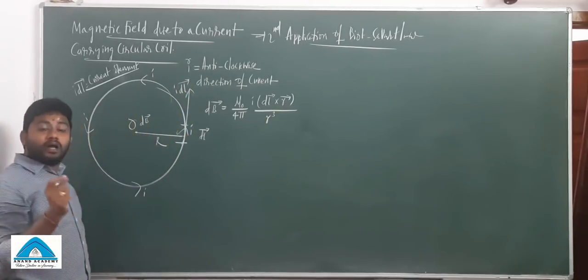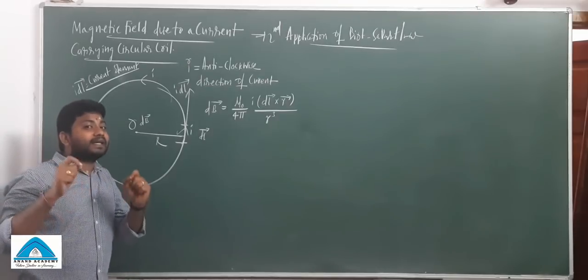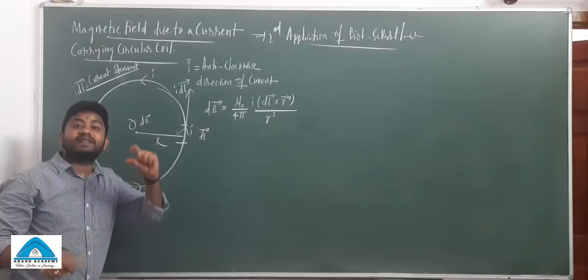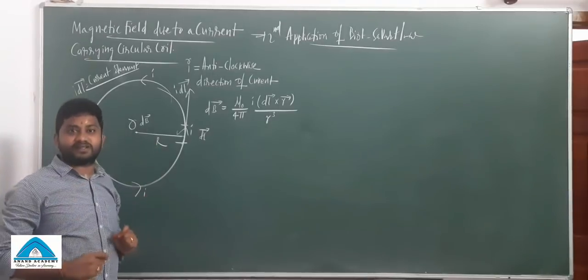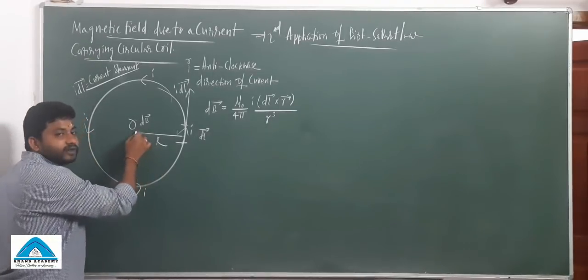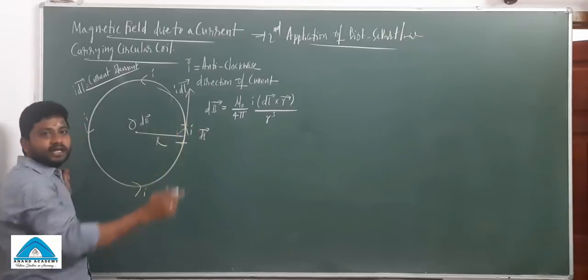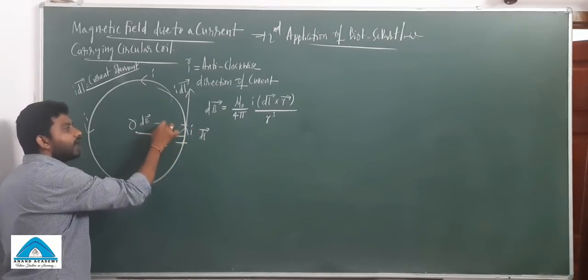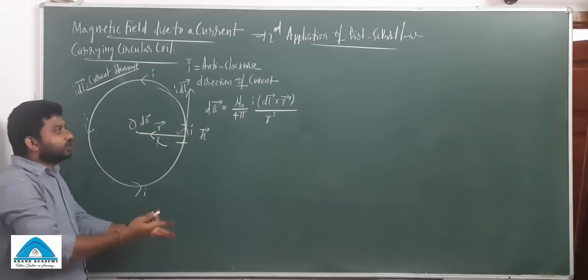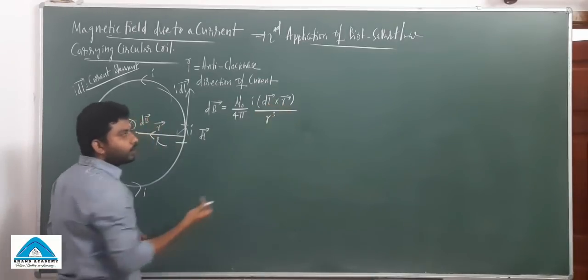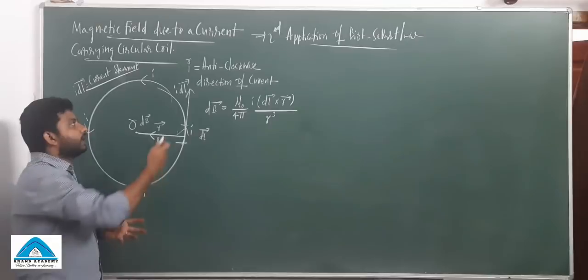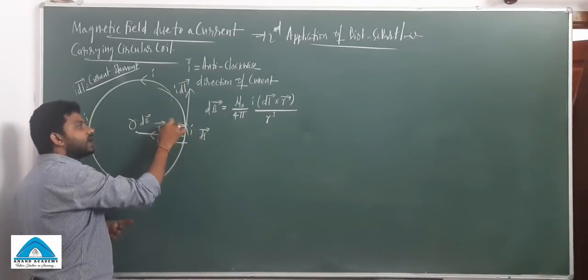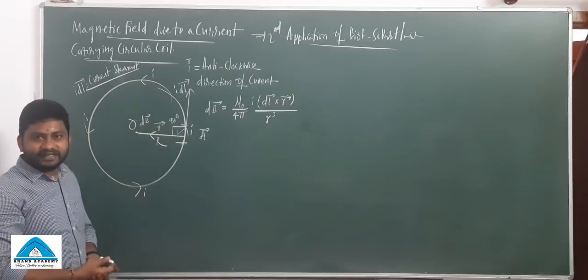R bar is the distance between the length element and the point of consideration. So this is the point of consideration and this is the length element. So you can say this is R bar. Are you getting the point? And you know the angle between dl bar and R bar. What is the angle between dl bar and R bar? So angle between them is 90 degrees.